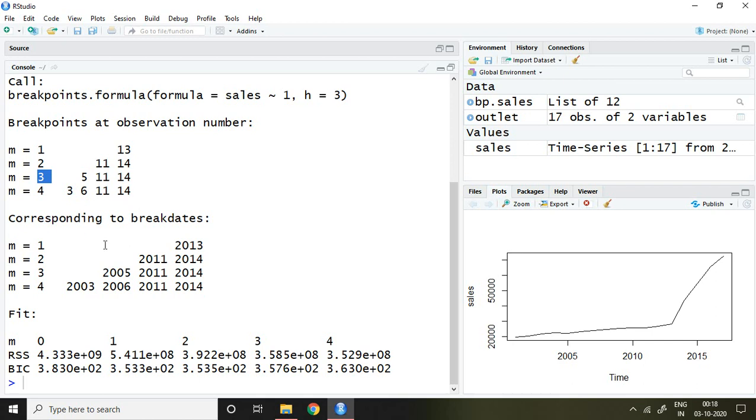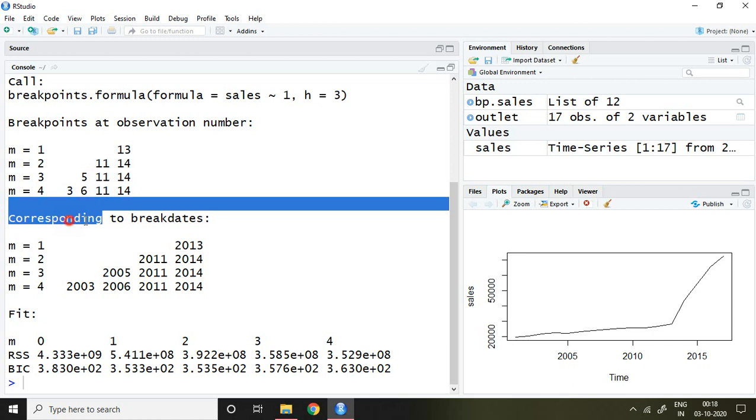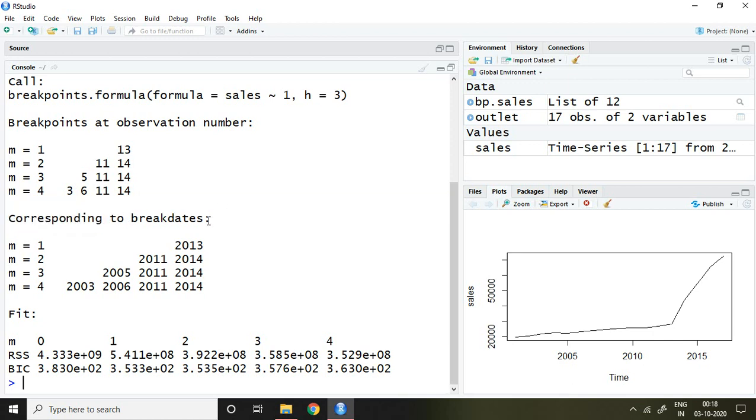Now, it is talking about the corresponding break dates. That means they fall in 2013, then 2011 and 2014, then 2005, 2011, 2014, then 2003, 2006, 2011 and 2014.